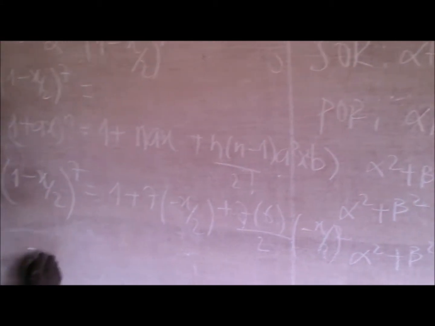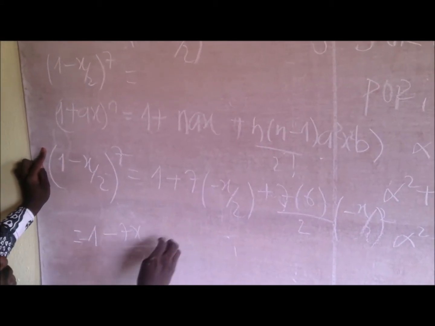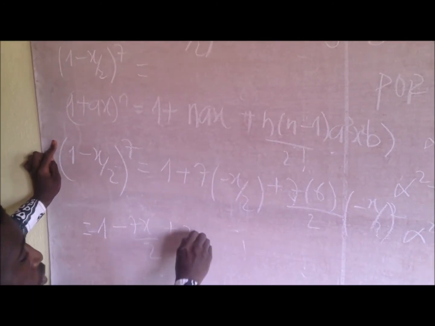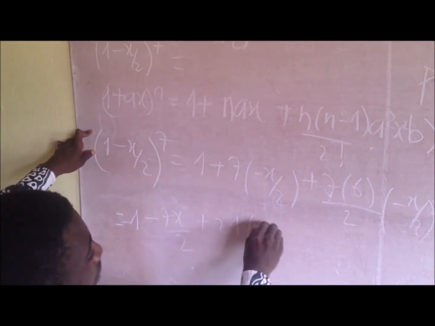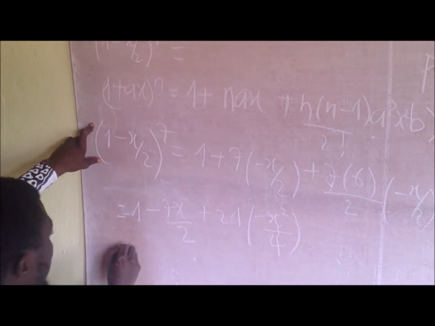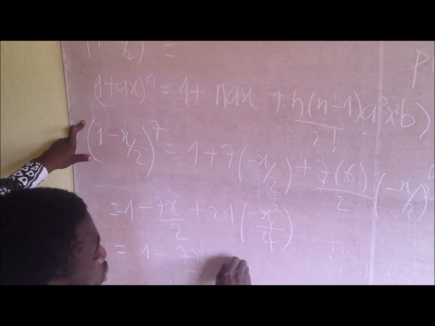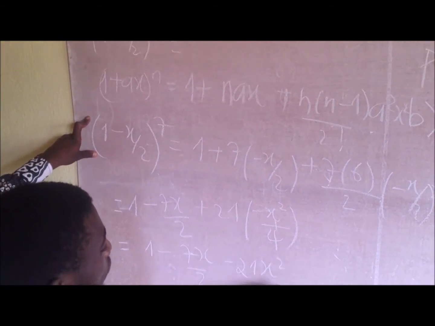So I'm going to have here 1 minus 7x on 2, and then plus 21 negative x squared on 4. So I have 1 minus 7x on 2 minus 21 x squared on 4.